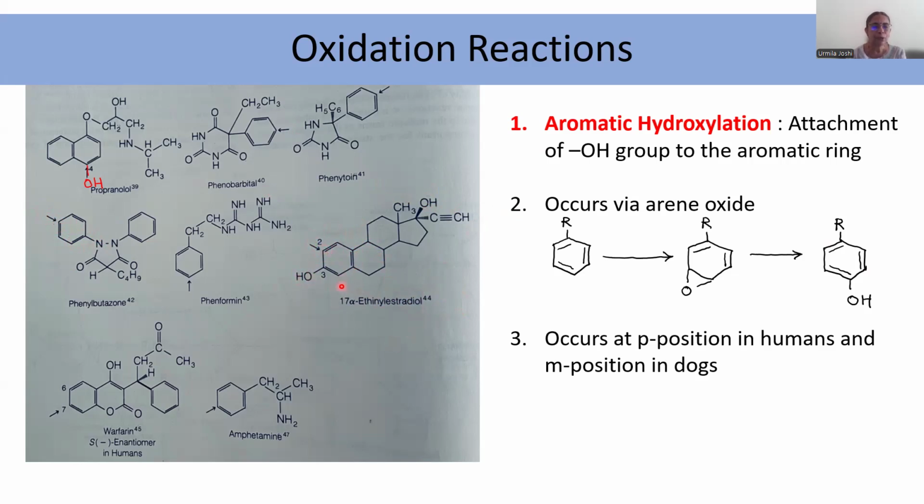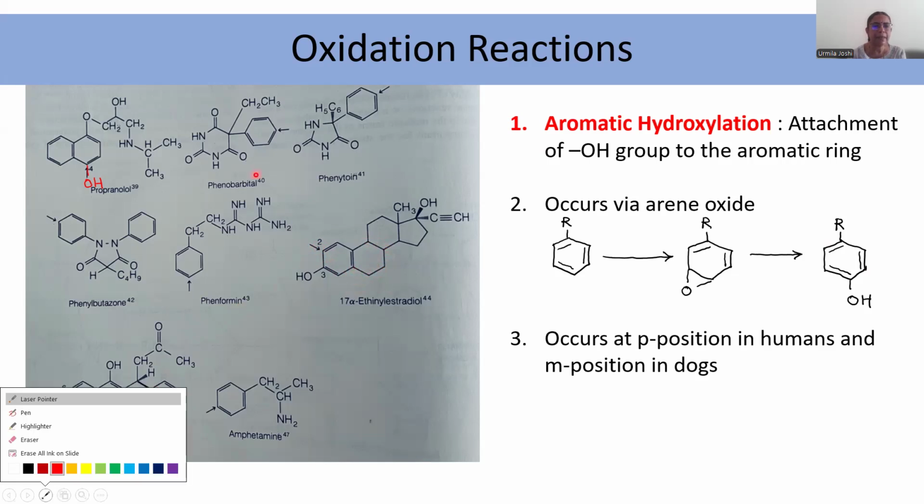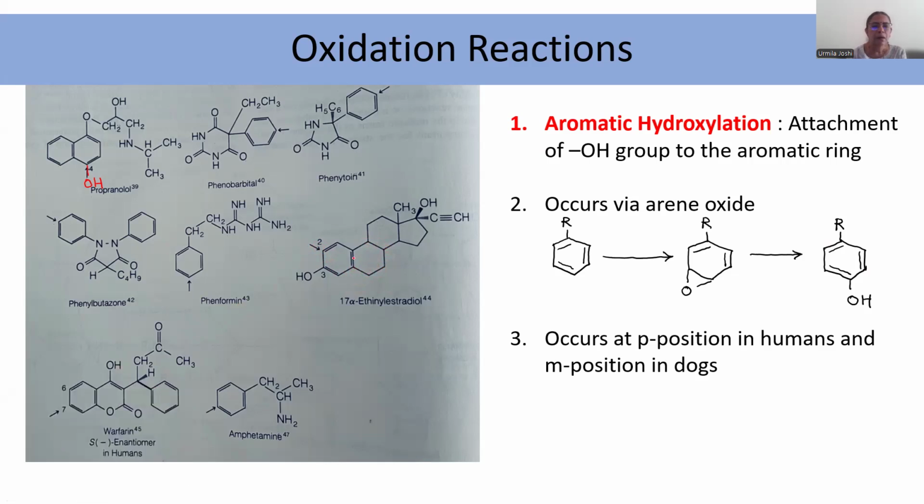Now, why not this? That is because if position 2 is hydroxylated, it is para to this substituent. I hope everybody is understanding this. And therefore, the hydroxylation occurs at position 2.